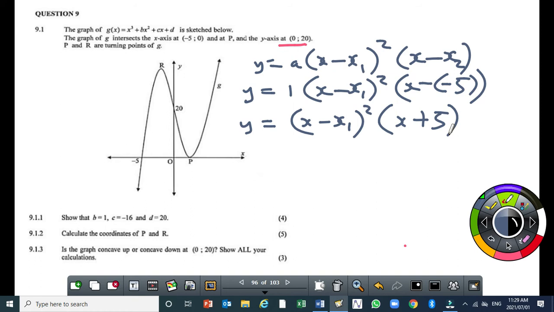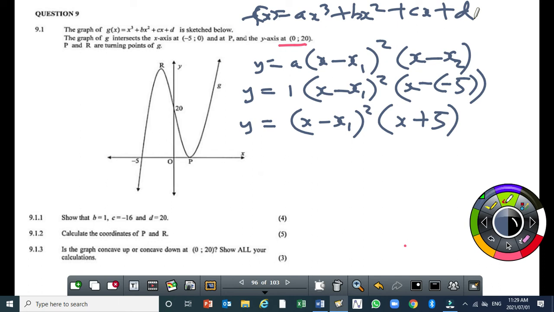I hope you are not going to confuse yourself here. The general equation is f of x equal to ax cubed plus bx squared plus cx plus d. So the equation for g of x is given in that form. The meaning of this a here and the meaning of this a are the same.